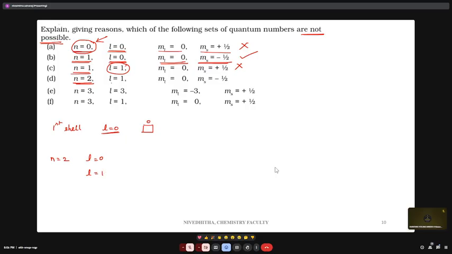They are talking about the l is equal to 1 subshell. This is right. In the l is equal to 1 subshell, I can have three orbitals, with values minus 1, 0 and plus 1. They are talking about m is equal to 0, in which I can have two electrons, plus half and minus half. They are talking about the minus half electron, which is also right.